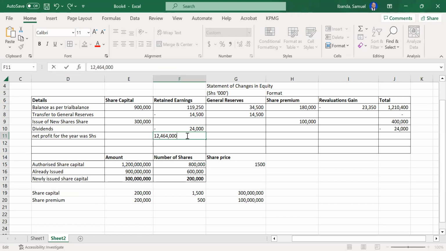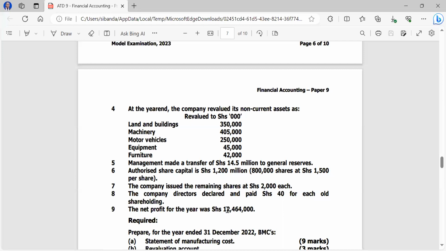This didn't have zeros, so I'm going to remove these 2 zeros and put a 0.4 here. Remember what they gave us, let's just see. It was 12 million, actually it is 12 million. So I just removed the 3 zeros to remain with 12.